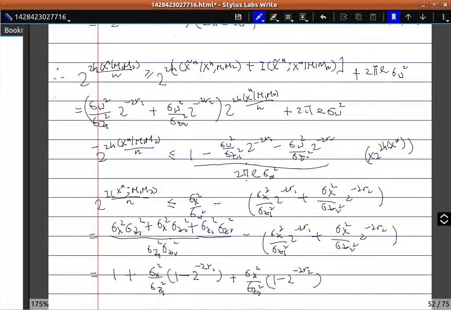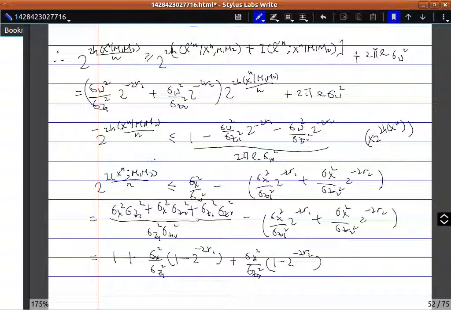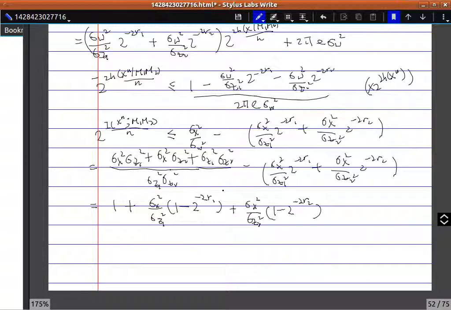And again, after some a little bit messy algebra, we have 2 to the 2I(x^n; M1, M2) over n is less than or equal to this guy here.